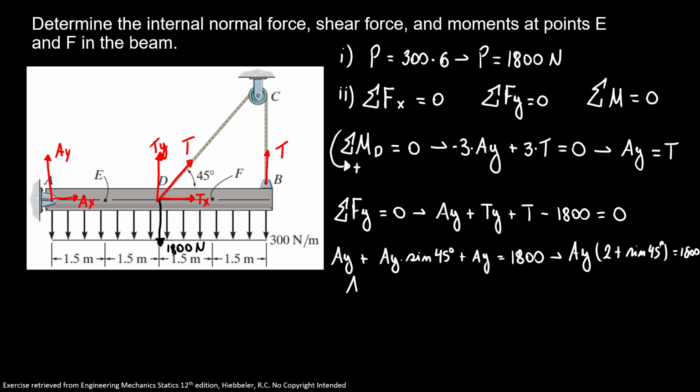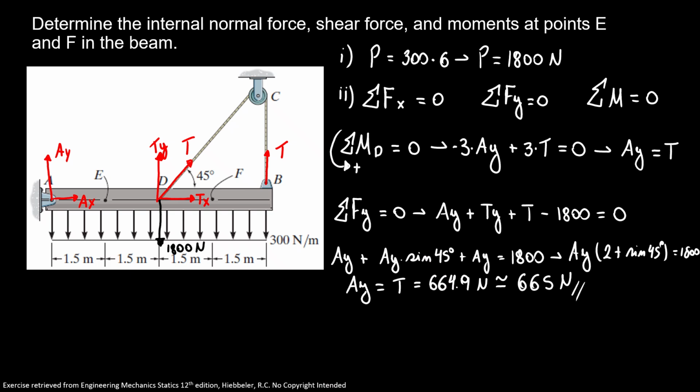So AY is equal to T, which is 664.9 newtons, and we're going to say 665 newtons.